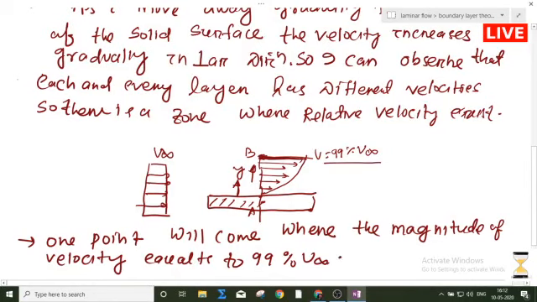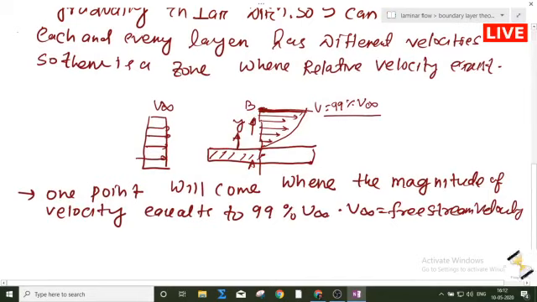What is this U infinity? This is called the free stream velocity. Okay, that is what I am trying to say.